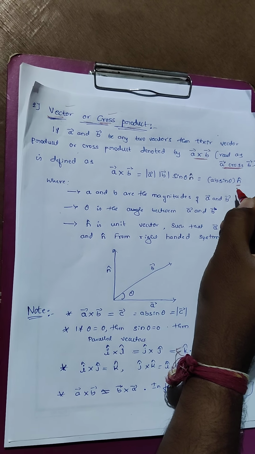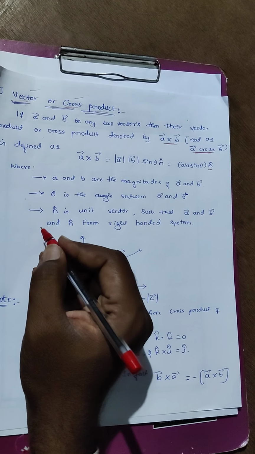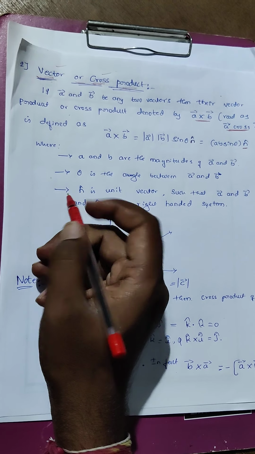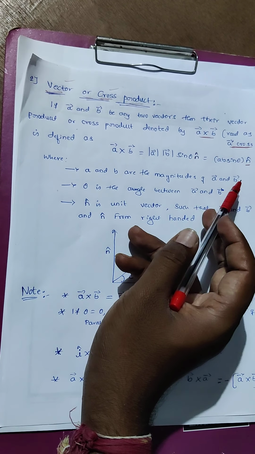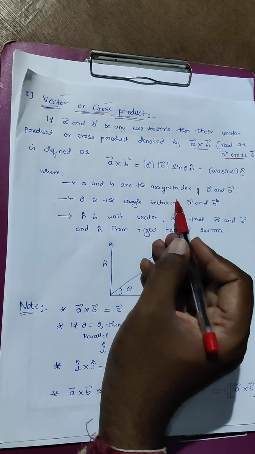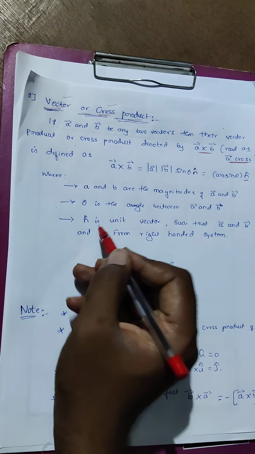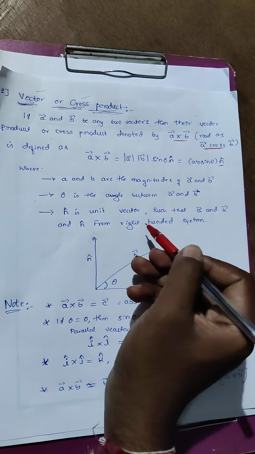n is called a unit vector, where a and b are magnitudes of vector a and vector b. Theta is the angle between a and b, and n cap is a unit vector such that a, b and n form a right-handed system.